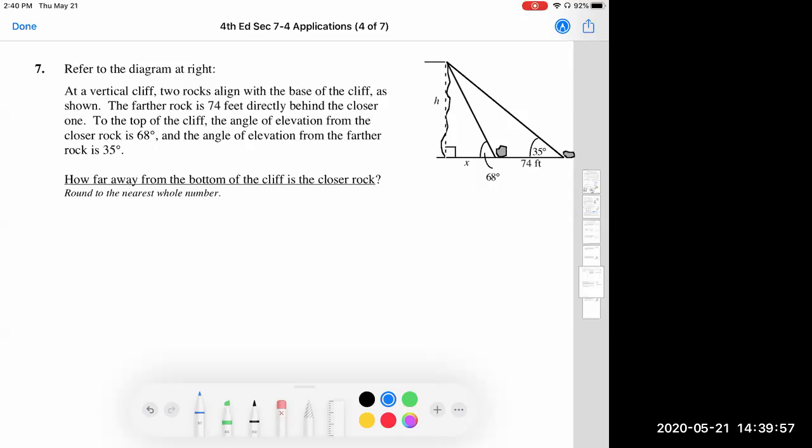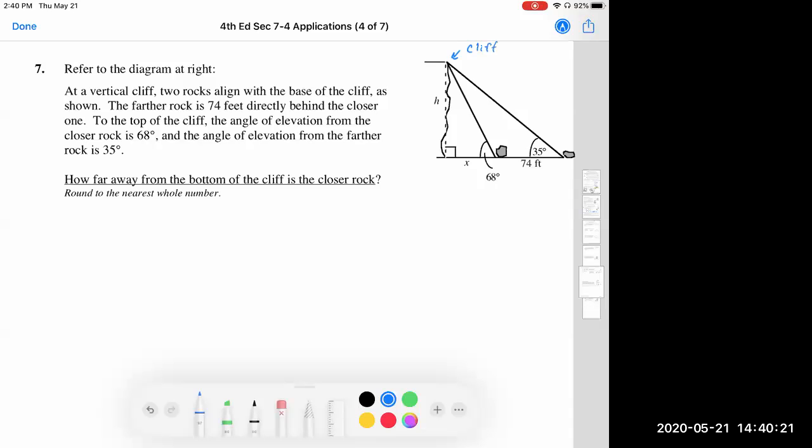Okay, so I read it once. My biggest question was, which was the farther rock, which is the closer rock? And I think it's referring everything to the cliff as to which one's closer and farther. So let's read it one more time. At a vertical cliff, 2 rocks align with the base of the cliff, as shown.